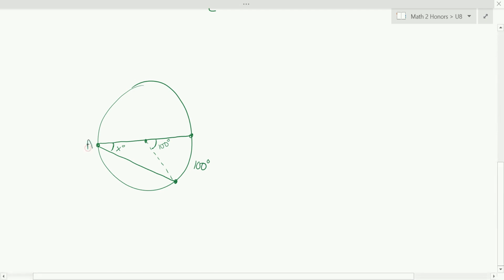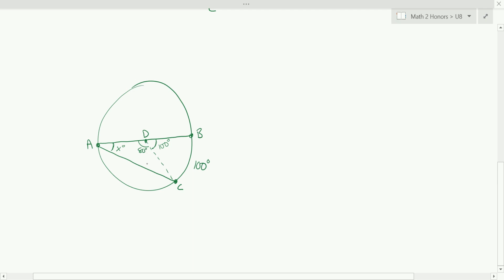I'll put some letters here so we can describe it. So here's A, B, C, and D. So what else do we know before we get to angle X? Or what else can you find? Yeah, those two form a linear pair, and so they're supplementary, and so we get 80 degrees.